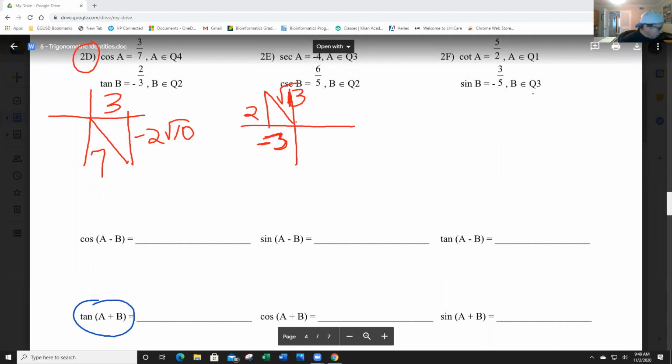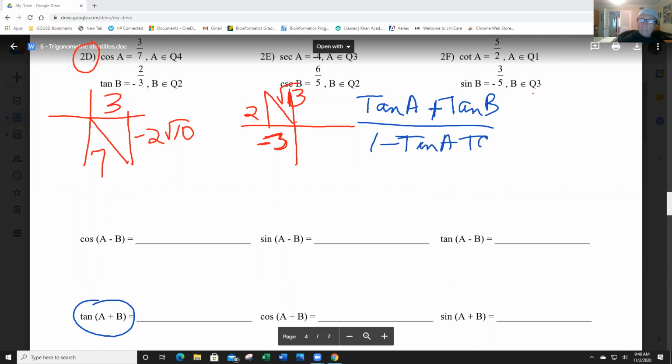That's going to be the tangent of a minus the tangent of b. Whoops. Tangent of a plus the tangent of b. Sorry about that. It's an addition formula. It's the addition one. Divided by 1 minus tan A times tan B. Okay. Just about made an error there, but I caught it.